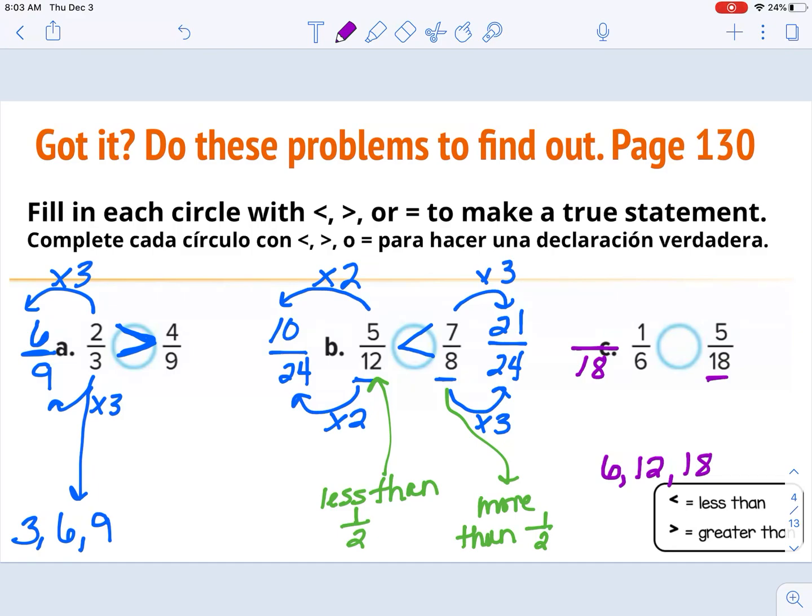Well, I counted 1, 2, 3 sixes. So that's going to be a times 3. And I need to do the same thing to the top. 1 times 3 is 3. Okay, now I have 3 over 18 and I have 5 over 18. And 5 is bigger than 3. So the 5/18 is greater than the 3/18.